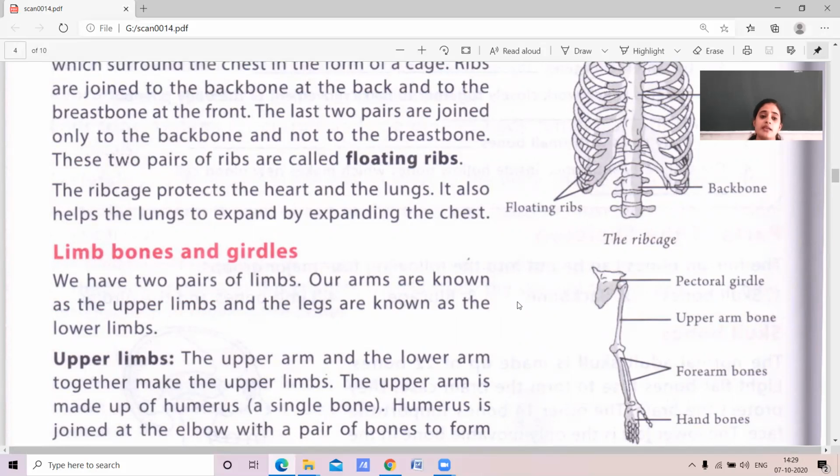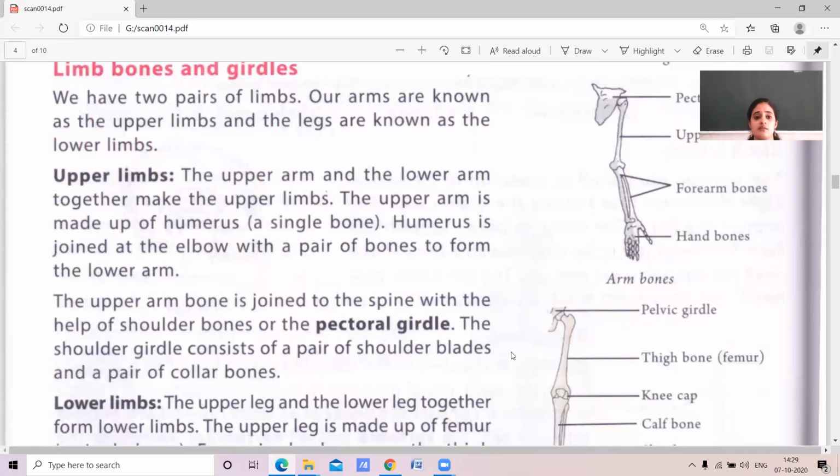Okay. Then limb bones and girdles. Here we have two pairs of limbs: the arms and the legs. The upper limbs are called arms and the lower limbs are legs.